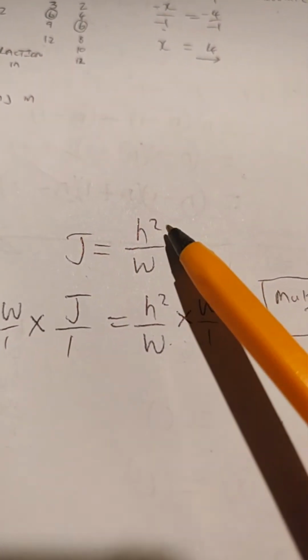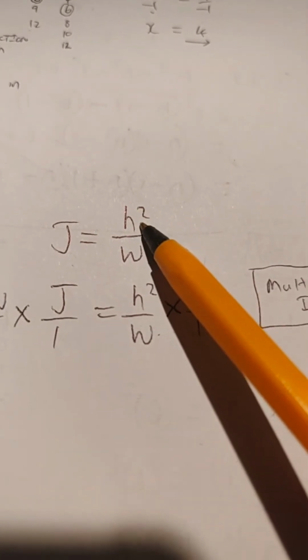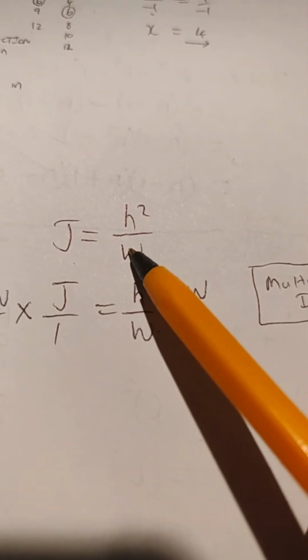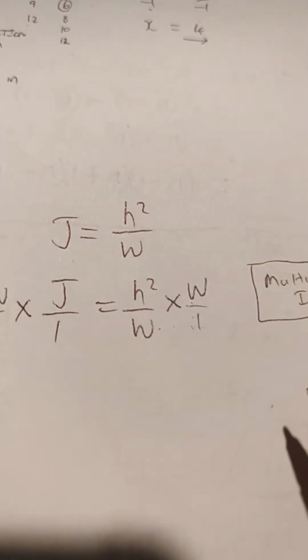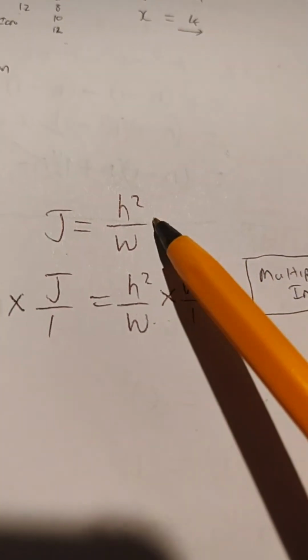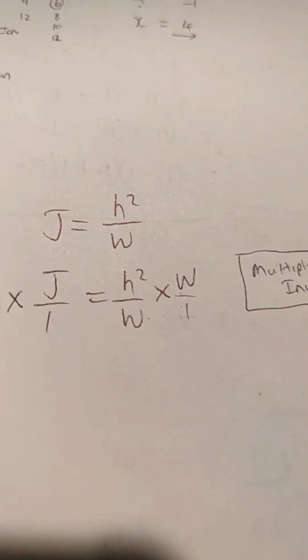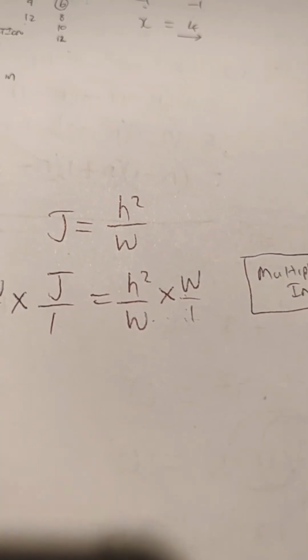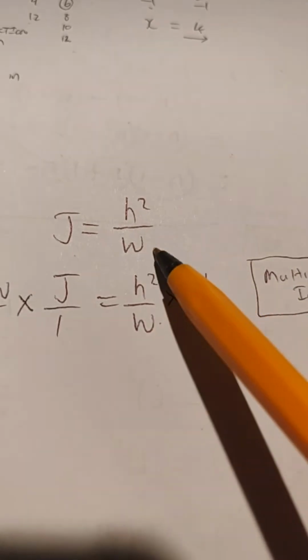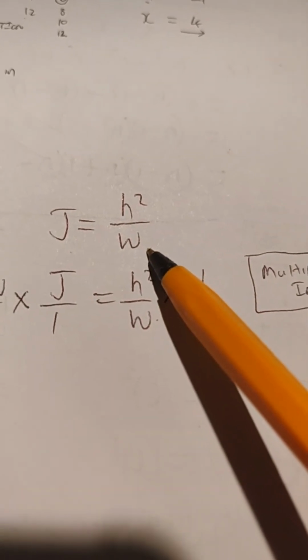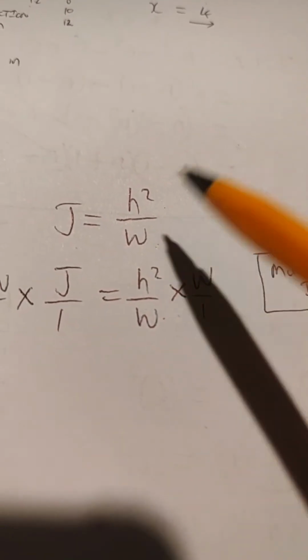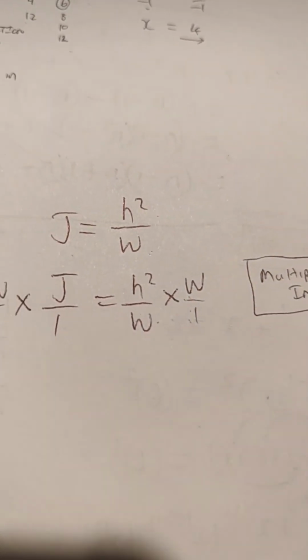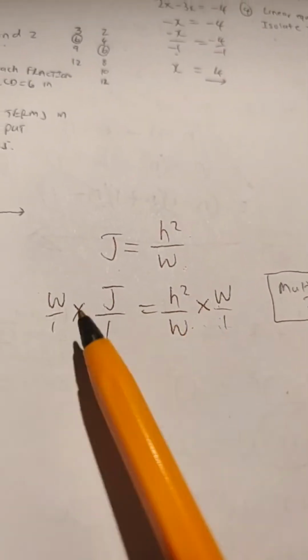This time, we want h squared on its own, but it has a relationship with w. W is in the denominator. How do you get rid of w? You multiply by w in the numerator, not in the denominator, because if you multiply by w in the denominator, you're going to get w squared. It's going to make things more complicated. You multiply by w in the numerator. Then what you do on one side, you do on the other.